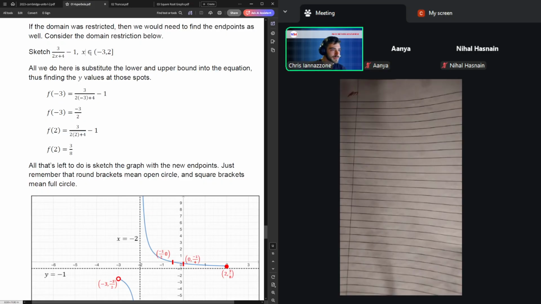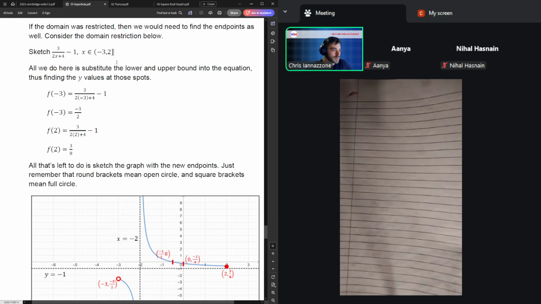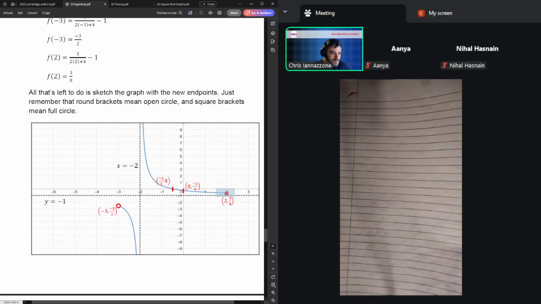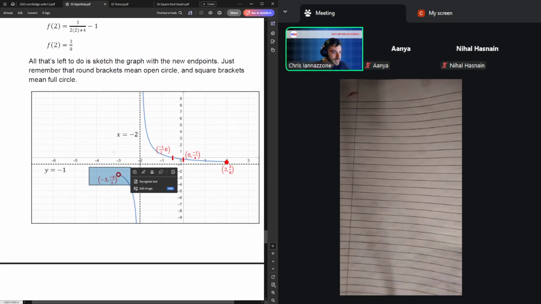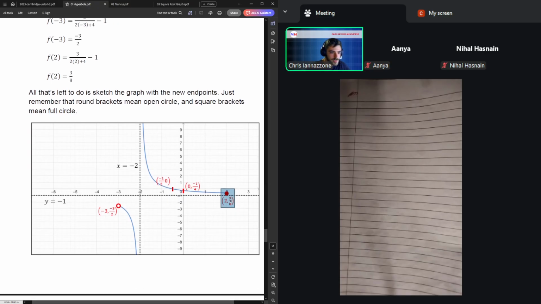This is what I was talking about. If you have a domain restriction, they'll have something like this. X is an element of -3 to 2, -3 being non-inclusive, 2 being inclusive. All you do is, because these are x values, you shove them into the function itself as an x value. Whatever comes out of it is your corresponding y coordinate, and so you just label them accordingly, where the non-inclusive, the rounded bracket, is going to get an open circle, and the inclusive with the square bracket is going to get a full circle there.